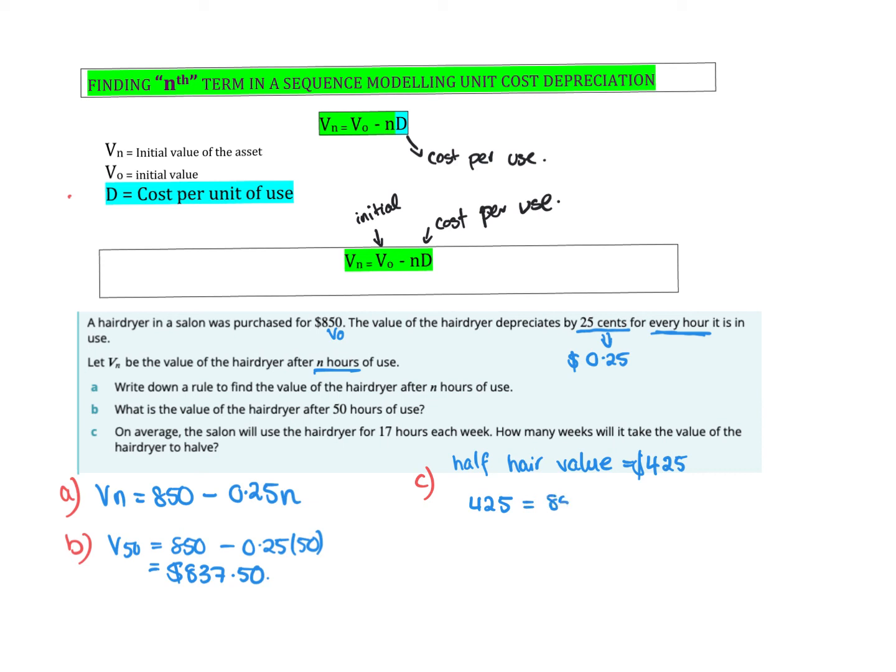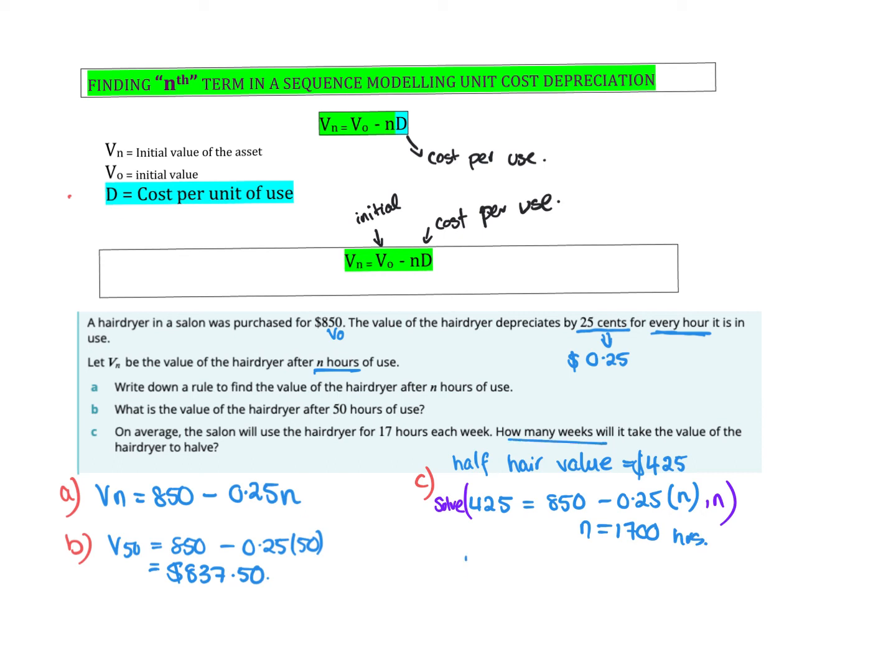And I'm going to pop in my nth rule formula there, and I'll be finding out how many hours this is. So if I do solve, comma n, I'm going to find out how many hours it takes to get to 425. Okay, so I get n to be 1700. So that's 1700 hours. Now it's asking me how many weeks.